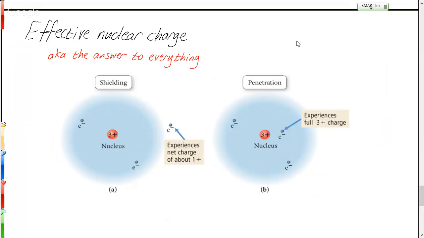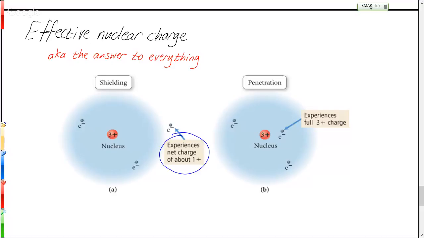So it's not just that they're farther away, but it's also that there's other electrons in the middle that are preventing them from feeling that full pull. And so that's why we talk about this term effective nuclear charge. The nucleus in this particular example, a lithium atom, has a 3+ charge.